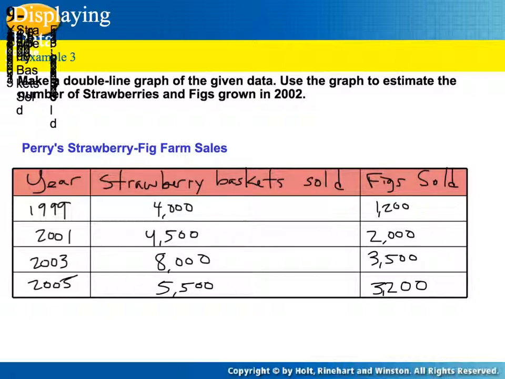So here is a data table, and don't worry about the top information. What I want you to focus on is just creating a double line graph. All right, so if you look at this, create that double line graph based on this information given. Write down the data table and create your own double line graph.